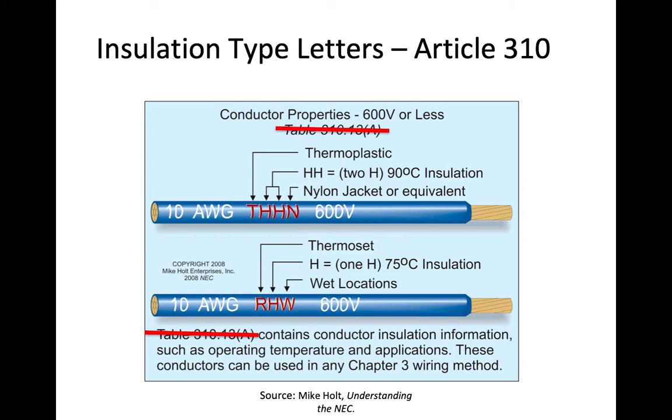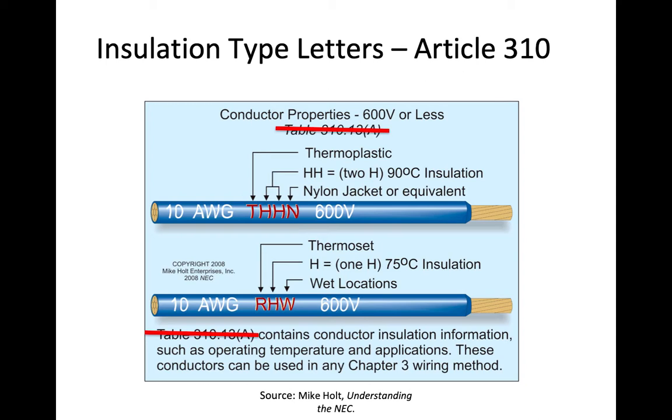Then there's a set of 4 letters. That letter code relates to the composition of the insulation, applications I can run that conductor in, and the temperature rating of the insulation. So T relates to the makeup of the insulative jacket. HH relates to the temperature rating of that insulation. So 90 degrees C, that's the top rating.